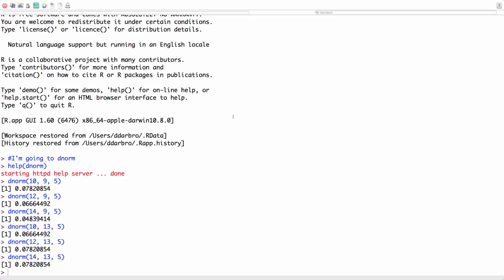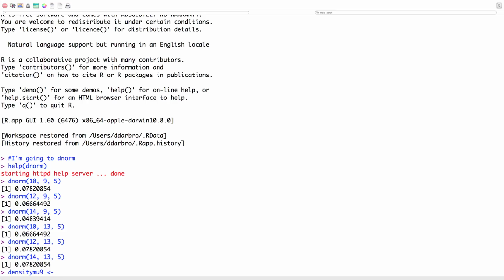So guys, what I can do now is take the density for mu of 9.